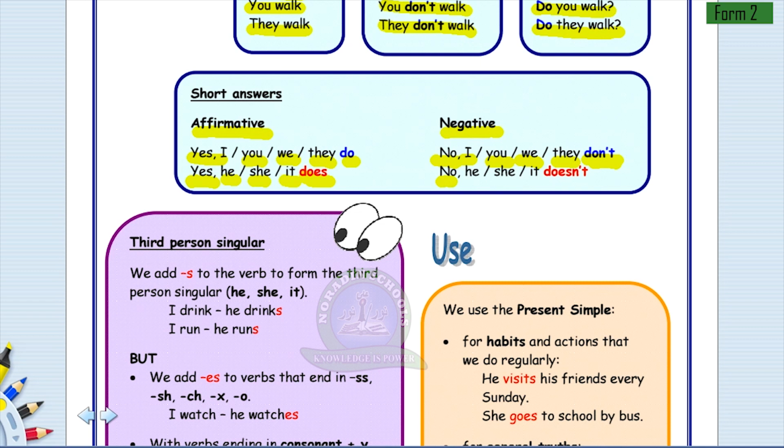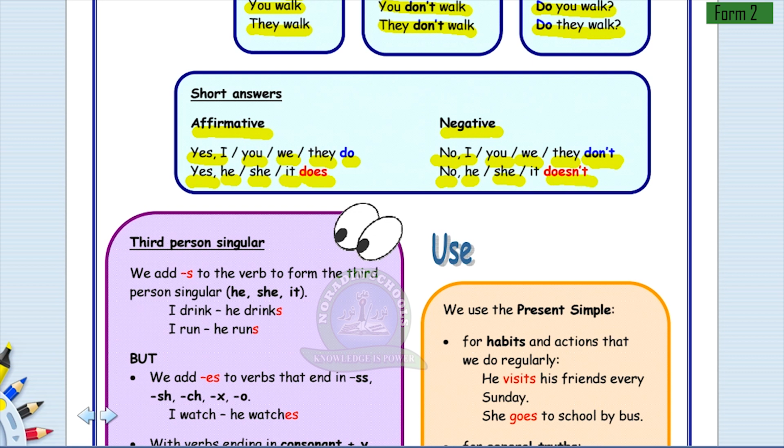For example, does your sister cook the meal? Or does your sister prepare the lunch? No, she doesn't. Because maybe she is a student and she has no time to prepare something at home. So we can say no, she doesn't. If I'm talking about your brother, no, he doesn't.